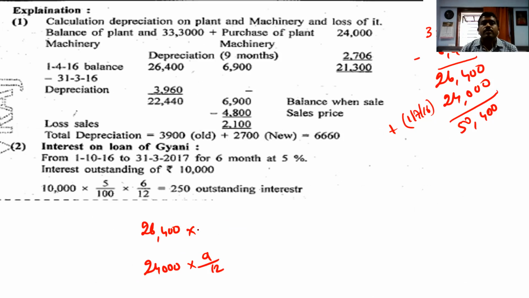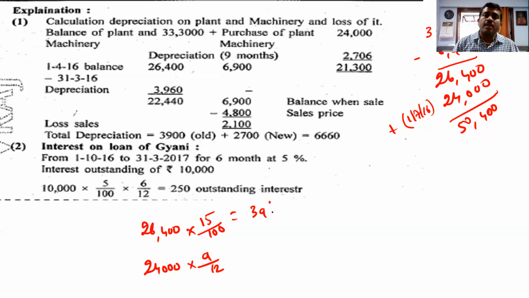So start calculating. 24,000, and what is the rate of interest? It's 15%, so 15 upon 100. Calculate 26,400 into 15 upon 100.